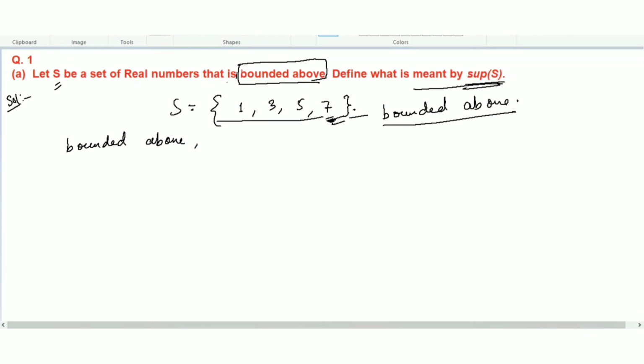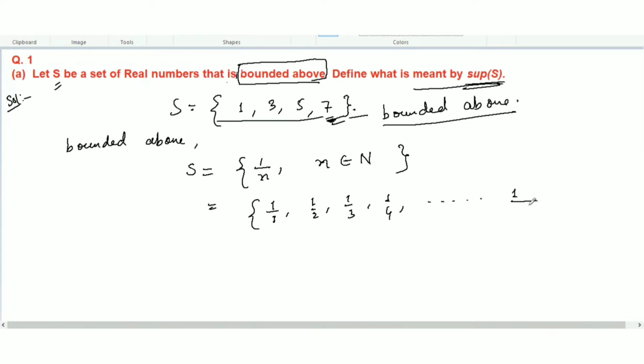Let's understand by taking a set here. Let S equal 1 over n, where n belongs to the natural numbers. This is the set. Substitute n equal to 1, 2, 3, and you will get 1 over 1, 1 over 2, 1 over 3, 1 over 4, and this way you can go till infinity.